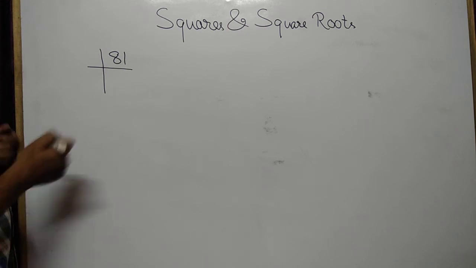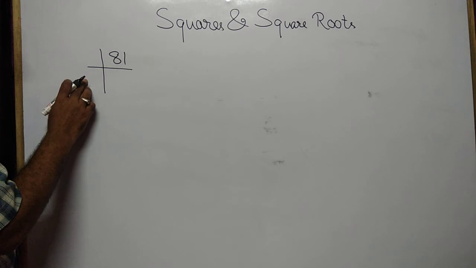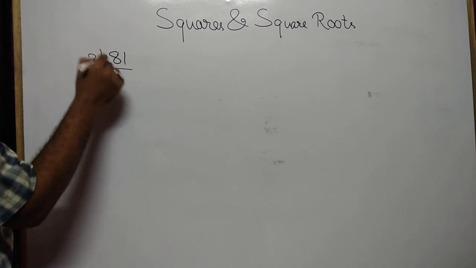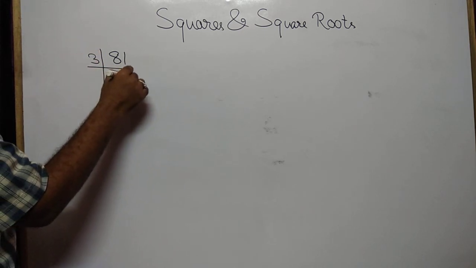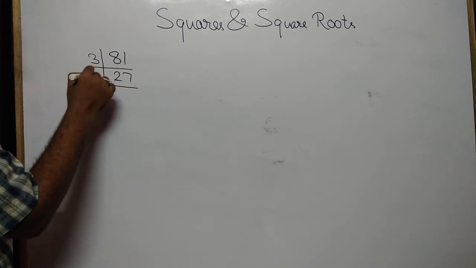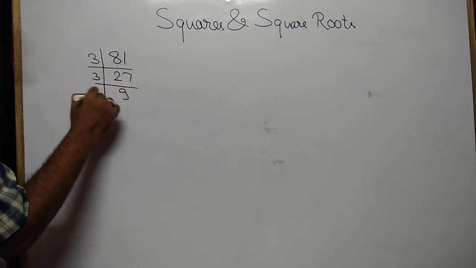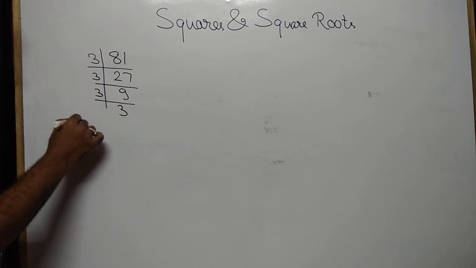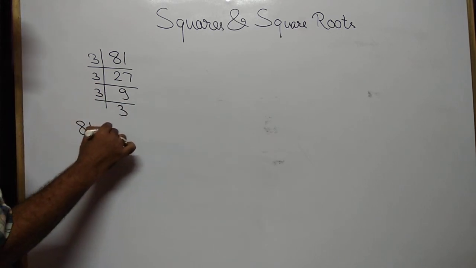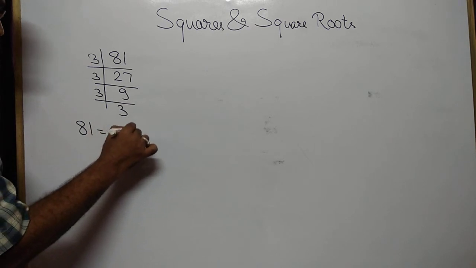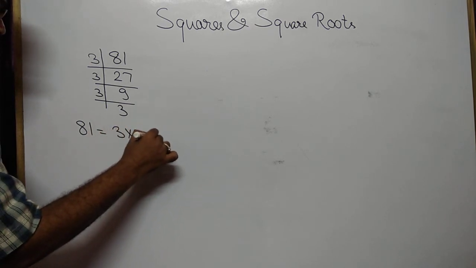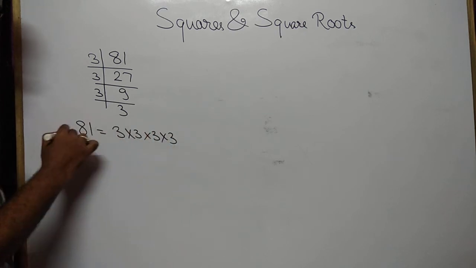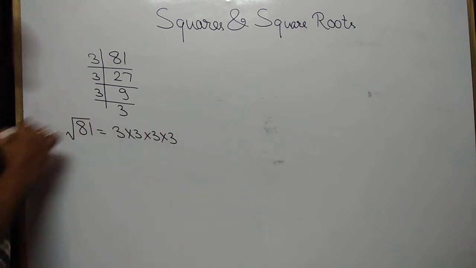How do we find it? We first find the prime factors of the given number. So it's 27, 9, 3. So here we can write 81 equals 3 into 3 into 3 into 3. But we are going to find the square root of 81.